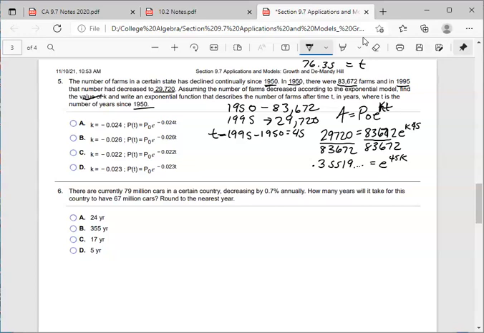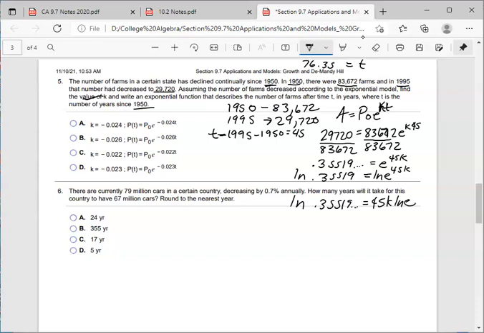So now I would take the natural log of both sides. That's the only way I can get that K to move down front. I'm gonna get the natural log of 0.35519, keeps going, is equal to 45K.